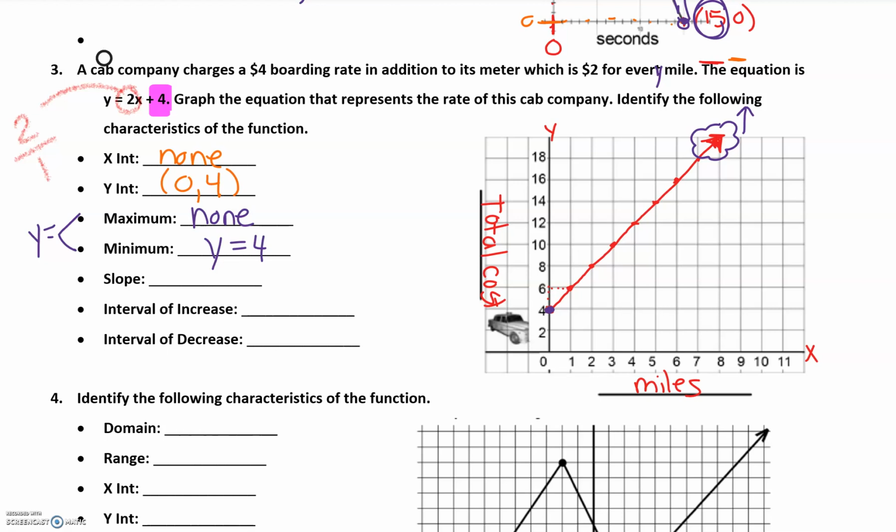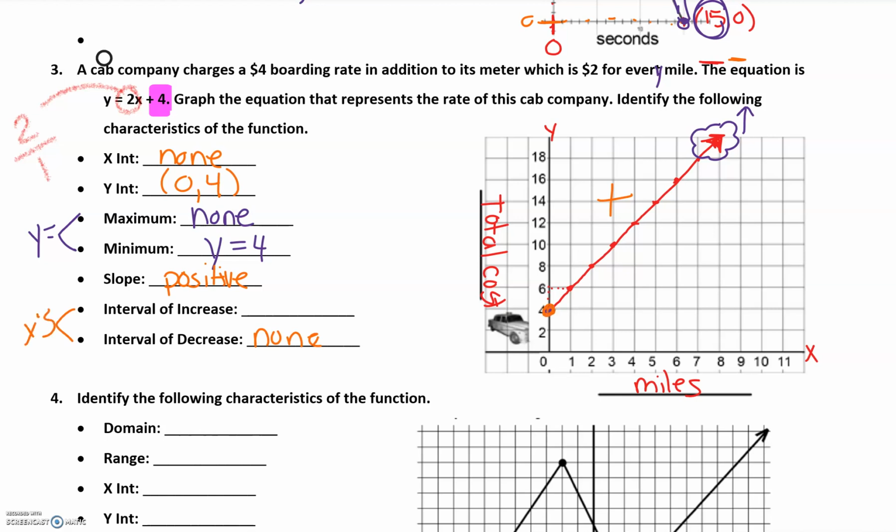Okay? Now, the slope of this function, is this slope positive or is it negative? As we read it from left to right, it is going up as time passes, so it is a positive slope. That means it is not decreasing, so the interval of decrease is none. But this whole thing is increasing, so we need the x's where it's increasing.